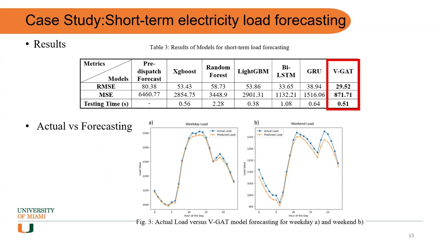So here shows our model performance compared to conventional machine learning and deep learning models, such as XGBoost, random forest, GBM, BiRNN, LSTM, and so on. Our model performance is in this red box. As you can see here, our model achieved the lowest RMSE and MSE values compared to other models, and our testing time is also very short.